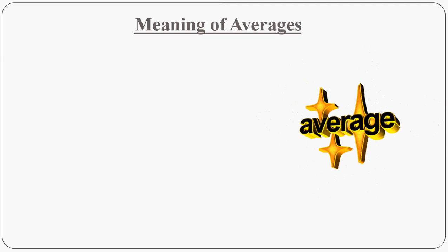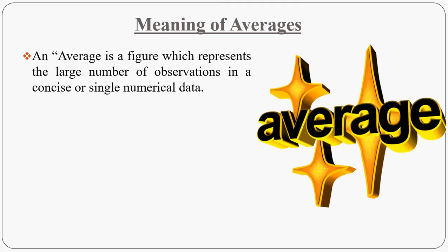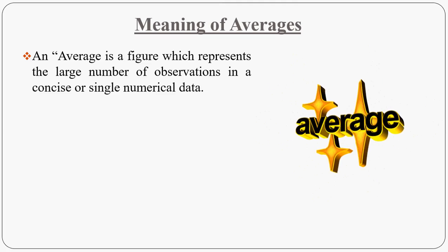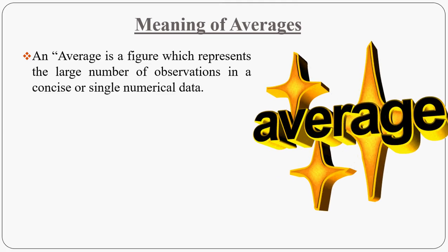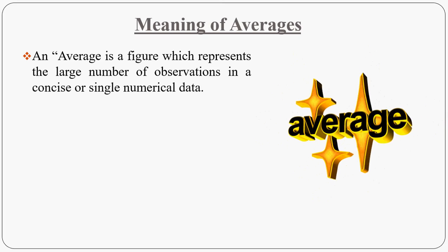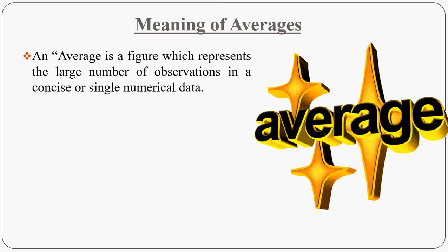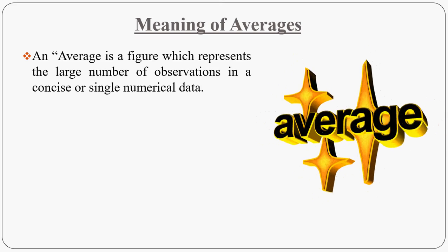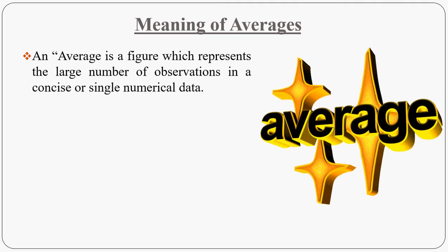Same here too. An average is a figure which represents a large number of observations in a concise, single numerical value. You will be given a series of numbers. You need to total them and count how many numbers there are. When you divide, you get the average.